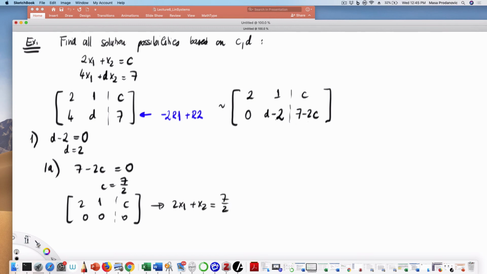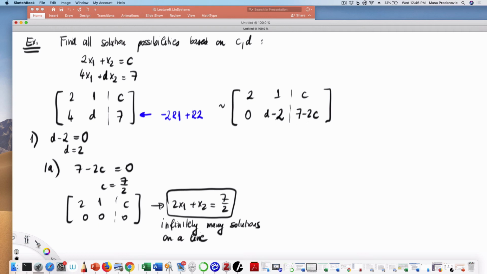That's my solution. And the solution is an entire line, so infinitely many solutions on a line. If you want to plot that line, it's x2 equals 7 over 2 minus 2x1.